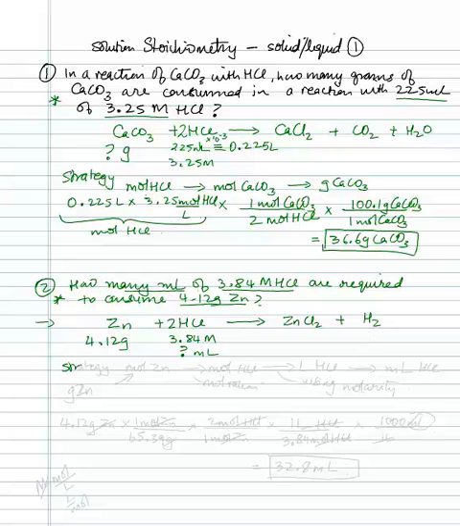So let's form our strategy. Since we don't have the milliliters of HCl, we cannot start with HCl, because we would need to find the moles, and we need both molarity and volume to find moles. Which means we have to find moles of zinc first. From moles of zinc we'll go to moles of HCl. From moles of HCl we'll go to liters of HCl.